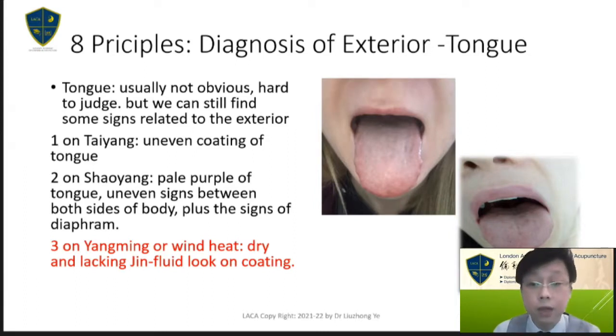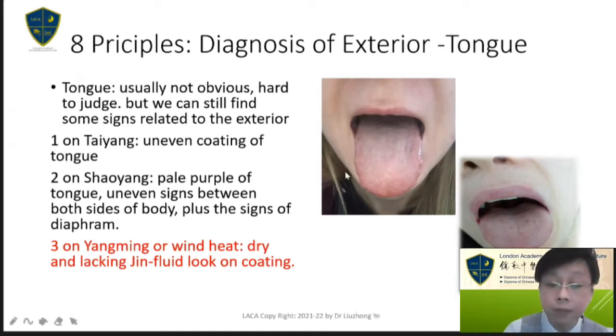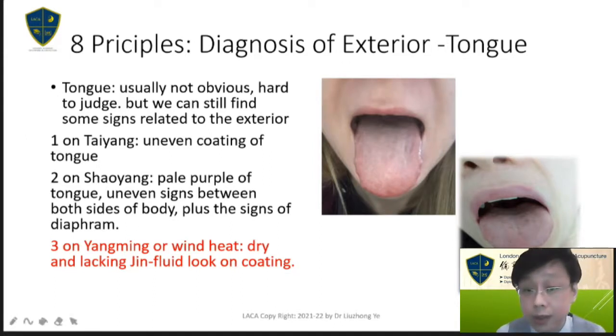Although quite often you have some Yangming cold symptoms, when the body develops into a Yangming condition, quite often that's Yangming heat. So we will expect to see on the color of the tongue usually a redder tip, and also a dry coating. So not only this kind of uneven look, it's the dry coating, lacking body fluid. That is very typical, especially with this type.